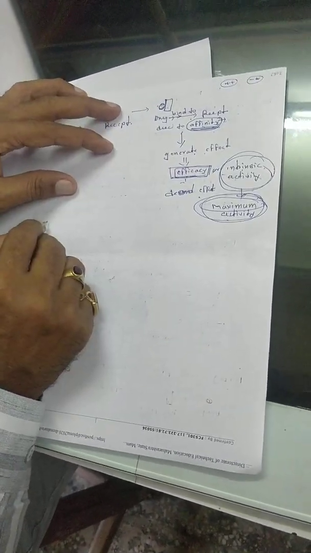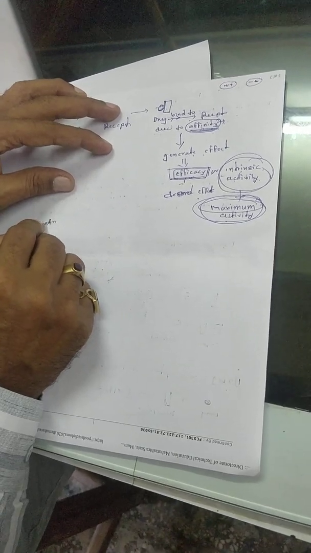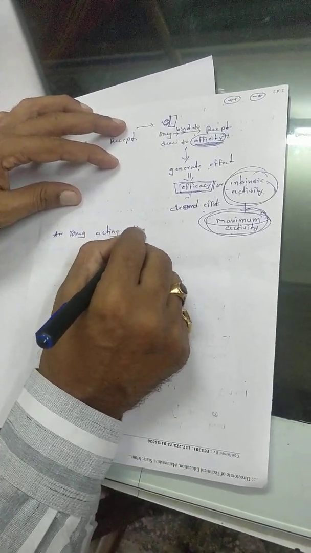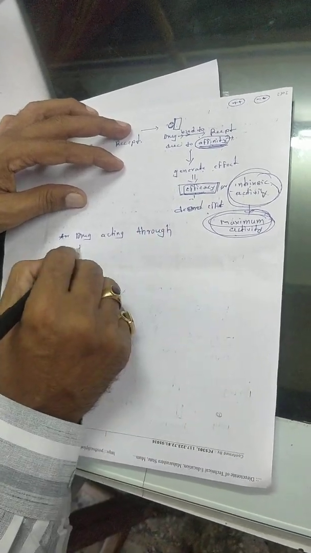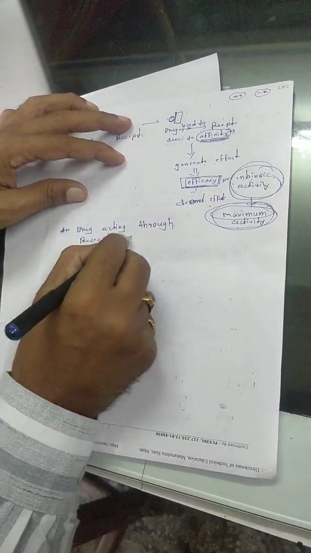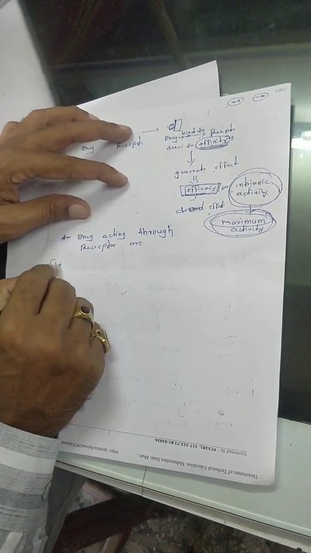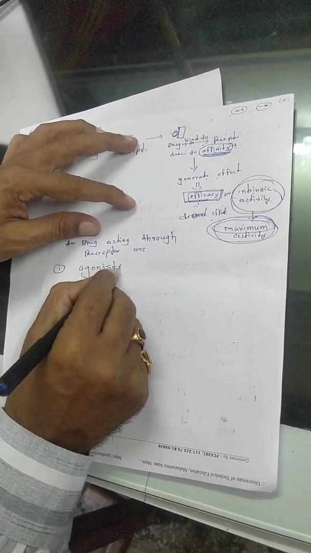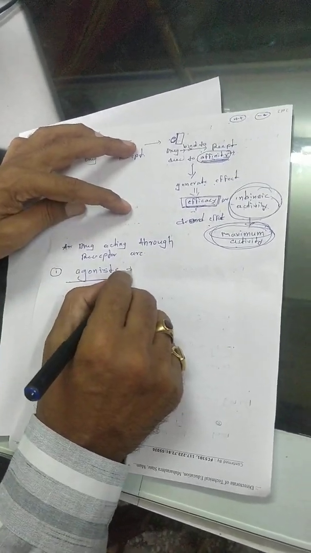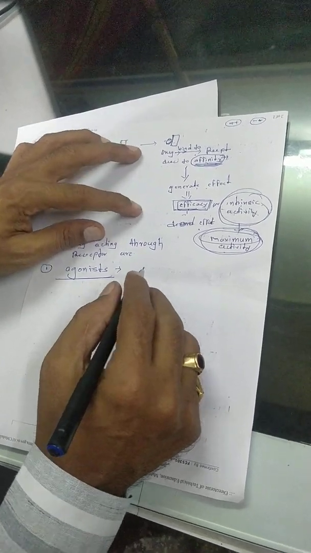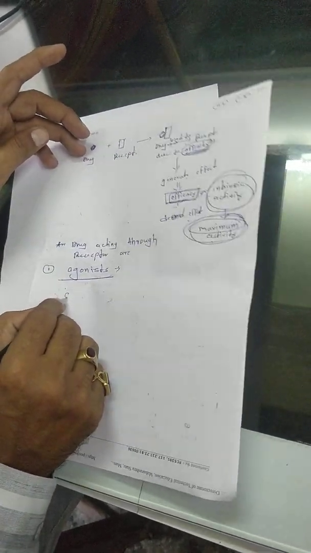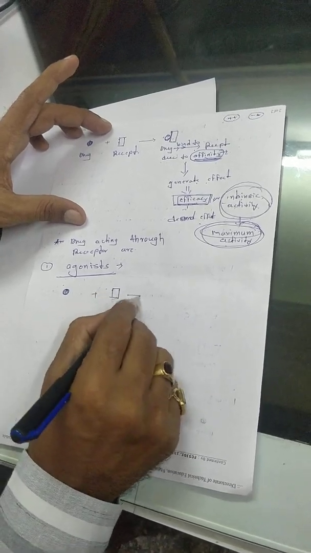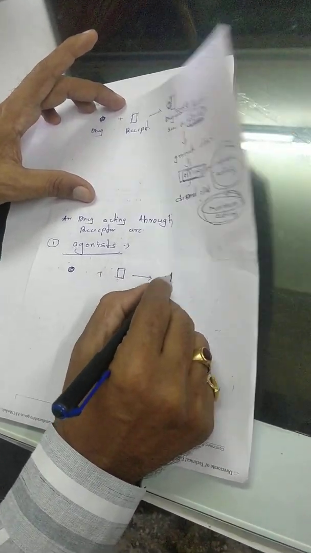According to this theory, drugs acting through receptors are, first, agonists. The drug binds to the receptor and forms a drug receptor complex. Why do they form a complex?